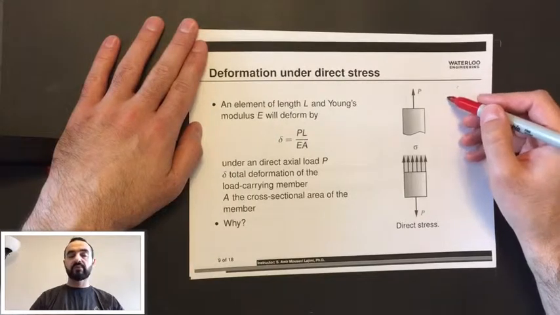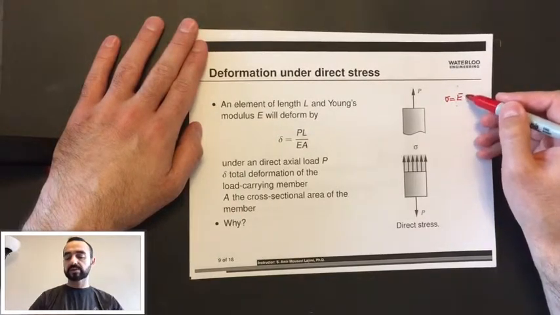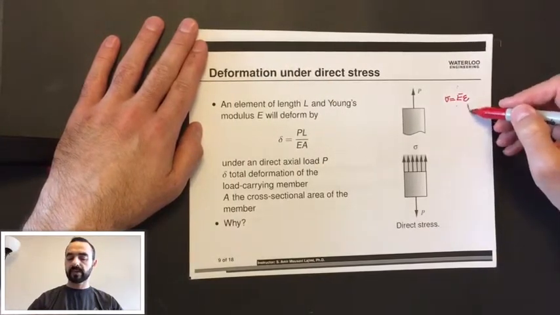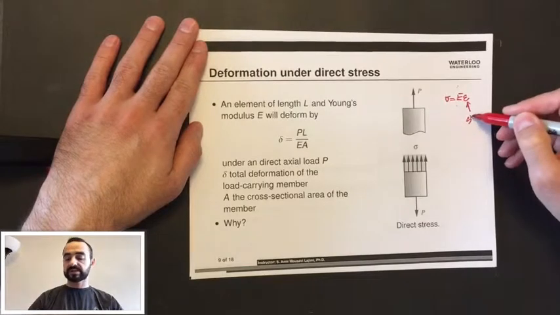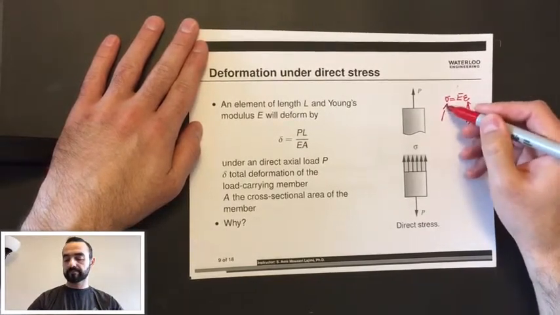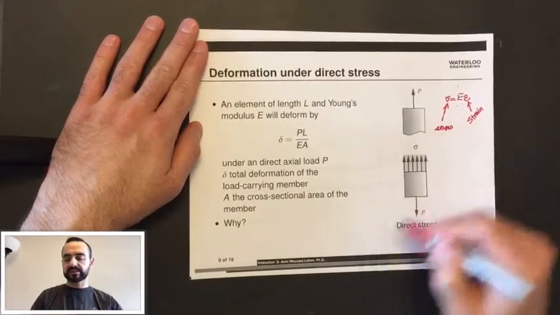For an elastic material, we can apply Hooke's law. Hooke's law is sigma equals E epsilon. Epsilon is the strain, and sigma is the uniaxial stress.